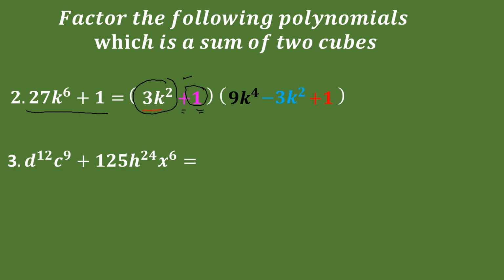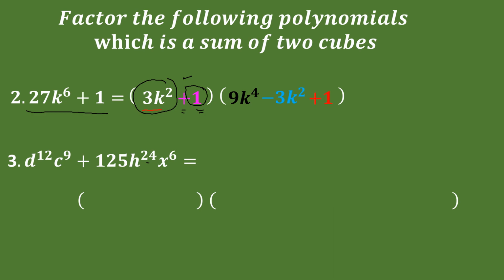Is 24 a perfect cube? Yes, divisible by 3. Okay, so it is. The 6 also is divisible by 3. So, let's now proceed. We have the parentheses for the binomial and the trinomial set. So, what is the binomial set's first term?